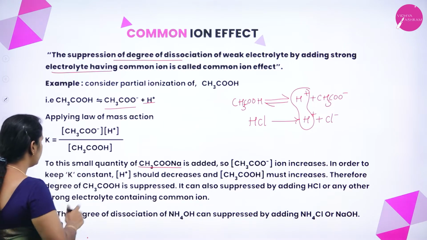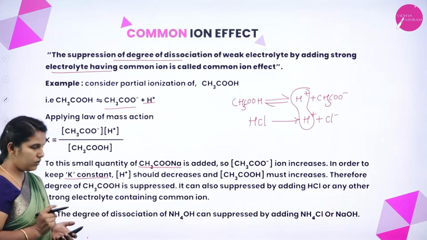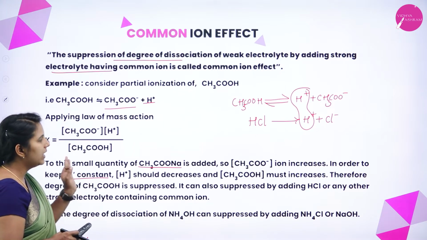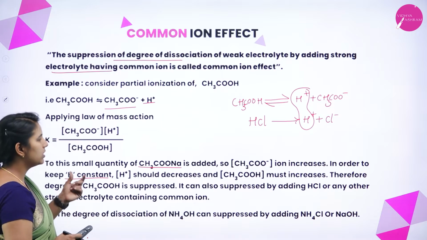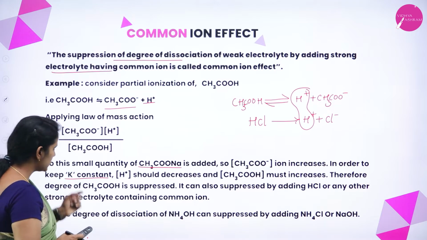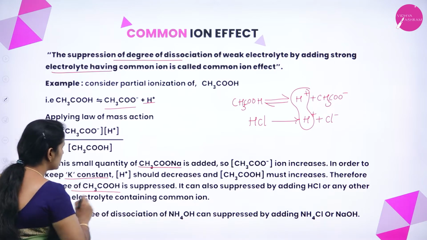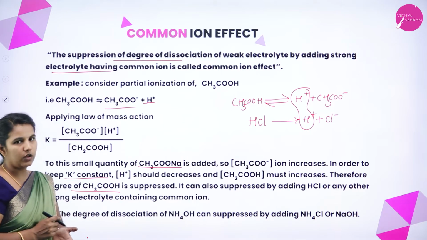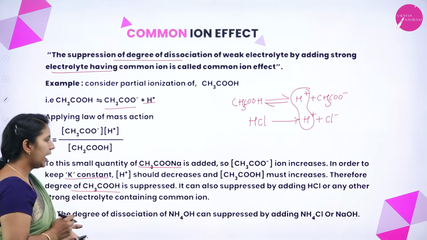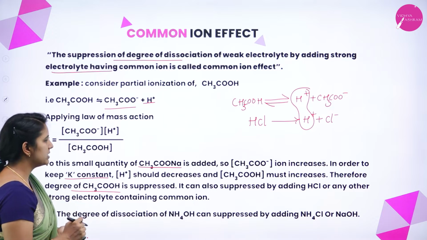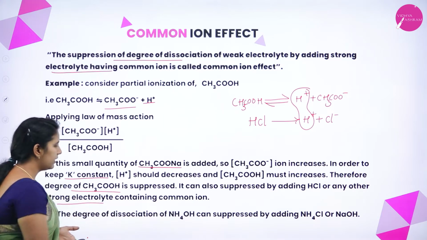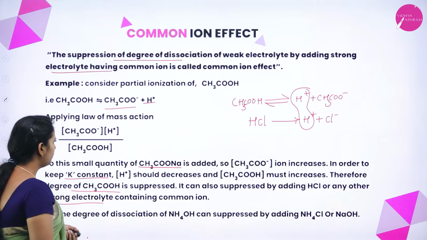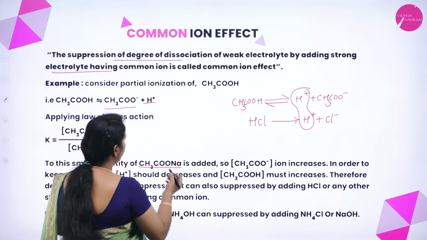In order to keep the K value constant, the H plus ion concentration should decrease and the acetic acid concentration will increase. Therefore, the degree of dissociation of CH3COOH will be suppressed. This is because of the common ion, and it can be suppressed by adding HCl or any other strong electrolyte containing a common ion.